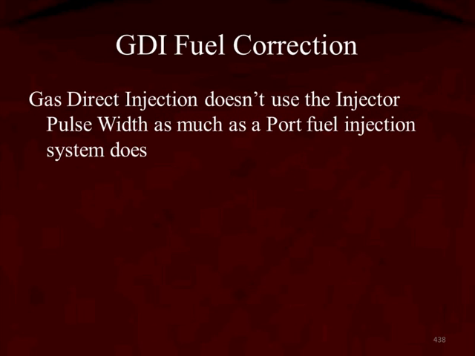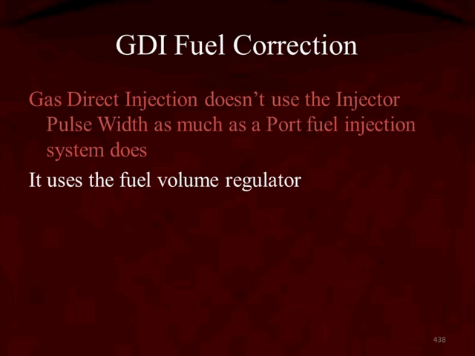GDI is different. Gas direct injection doesn't use the injector pulse width as much as the port fuel injection system does. Make sure that you view the fuel control volume section so that you'll understand that GDI does it a little bit differently than port fuel.